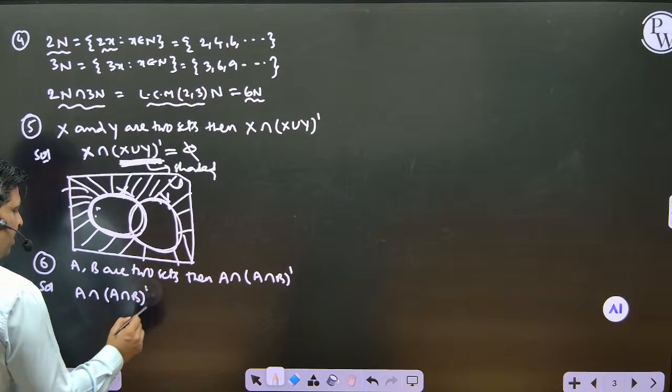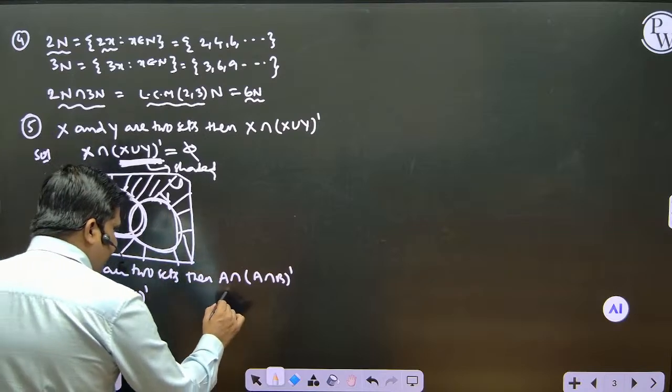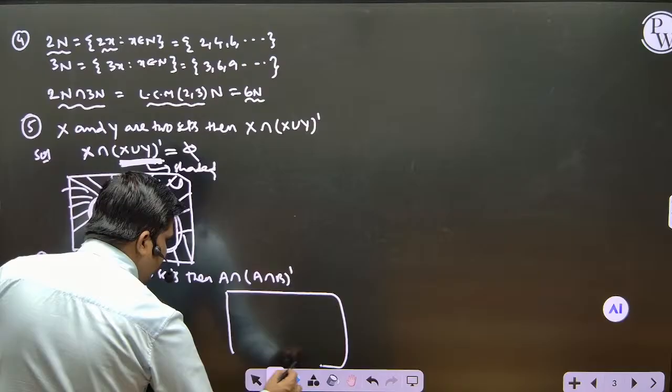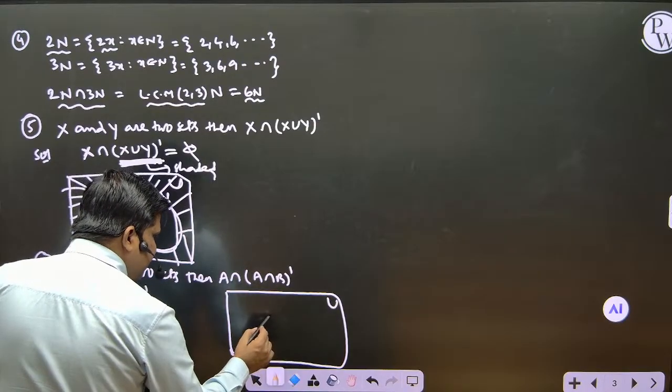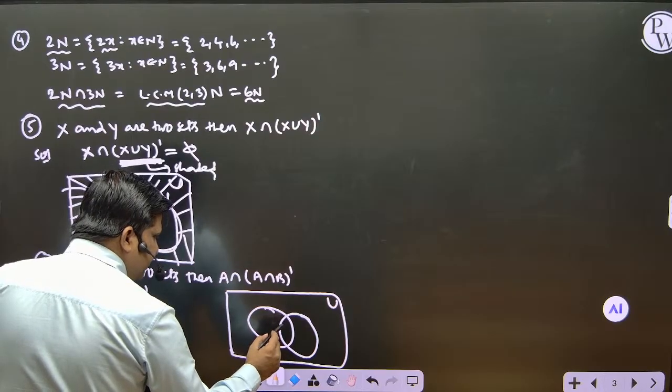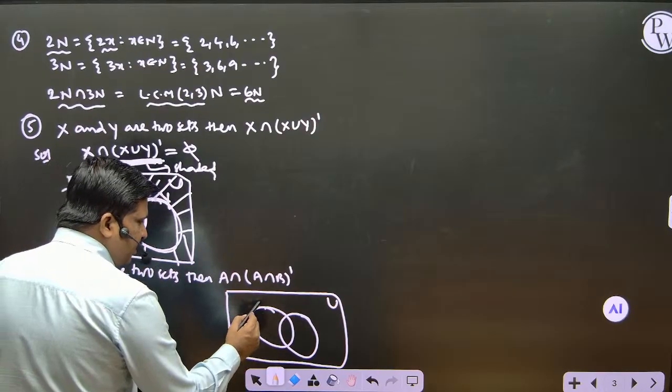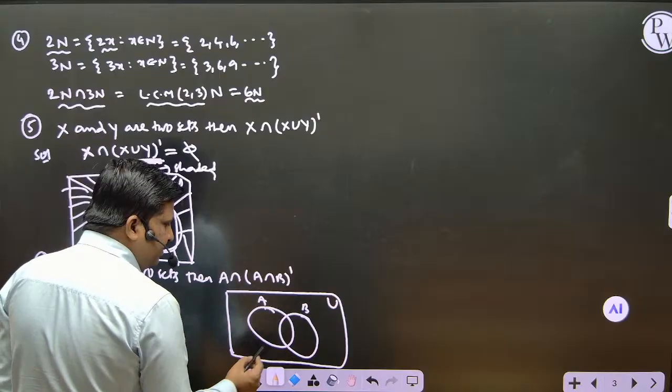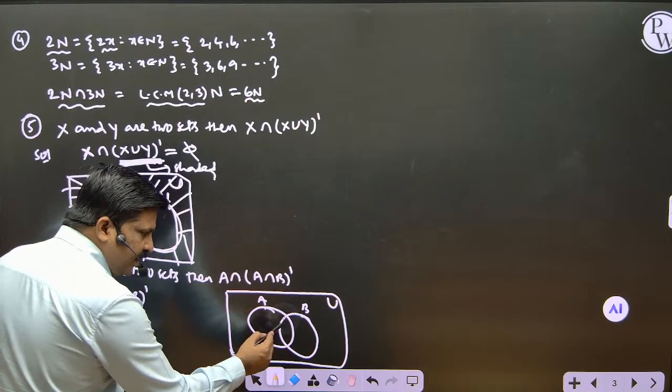Again you draw a Venn diagram here. Universal set. This is A and this is B. So this is A intersection B, or not?